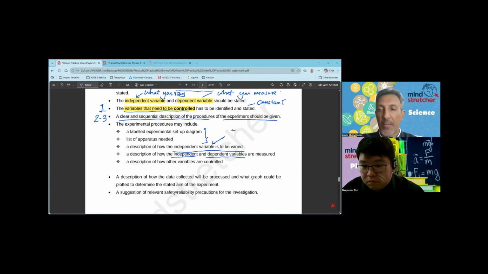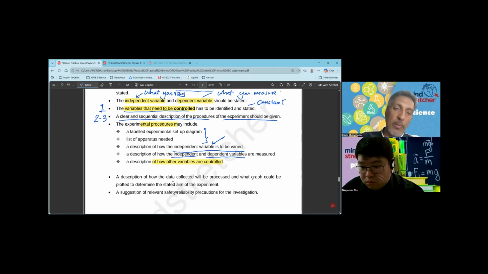And then, of course, you already said here how the other variables are controlled. After you state what variables you control, then when it comes to the procedures, how are the other variables controlled?